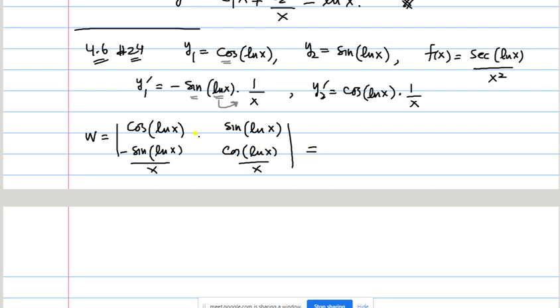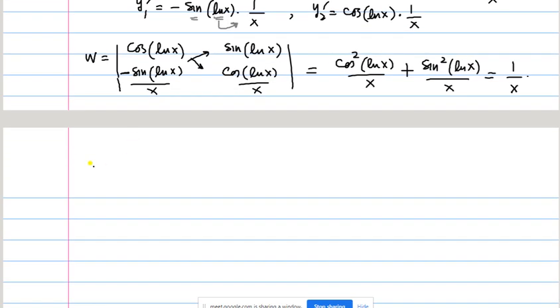Now if you take the cross product, it will become cosine square log of x divided by x, and if you take this minus from the formula and minus from here, it will become plus sine square log of x divided by x. If you do everything carefully, things become very easy. Now you see 1 over x is common, so cosine square plus sine square is 1. So the answer is 1 over x.